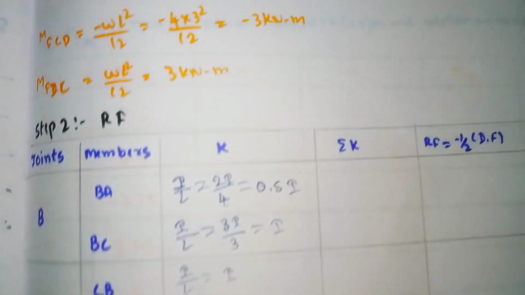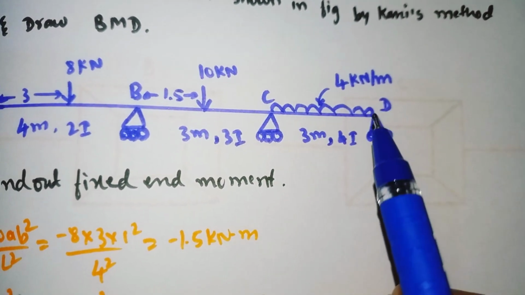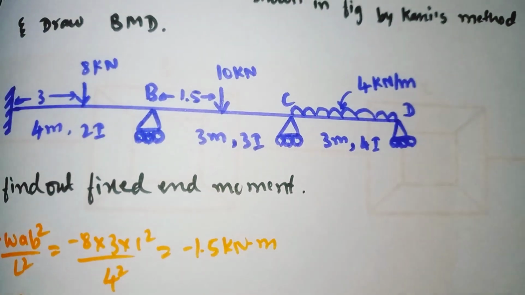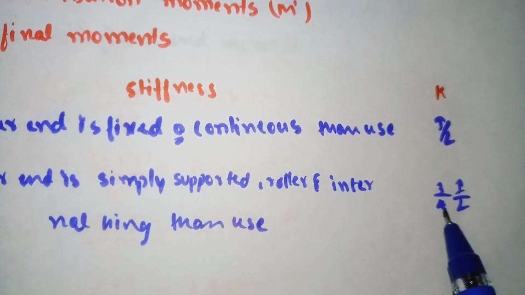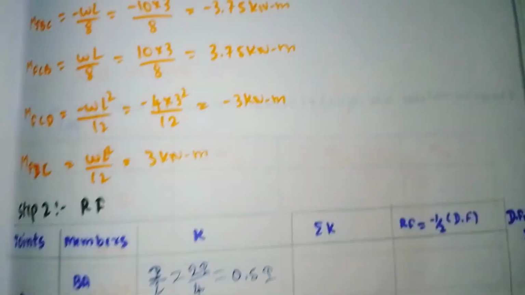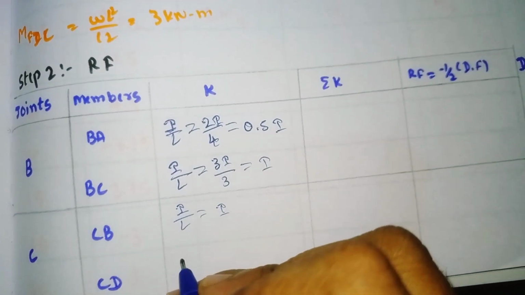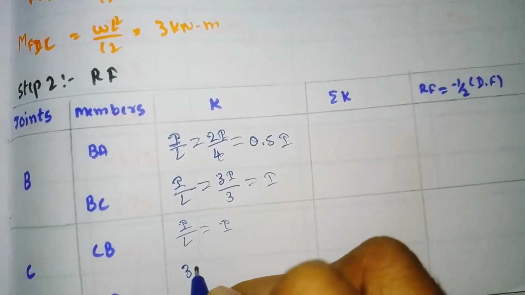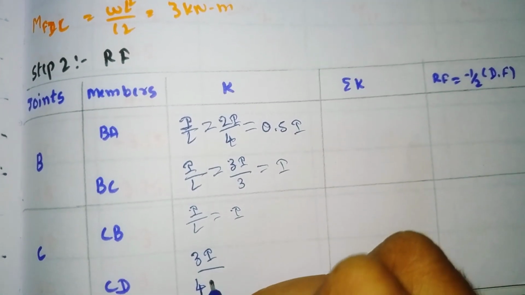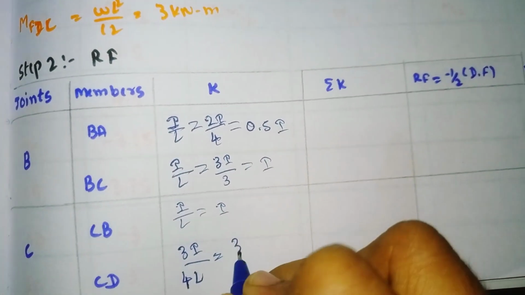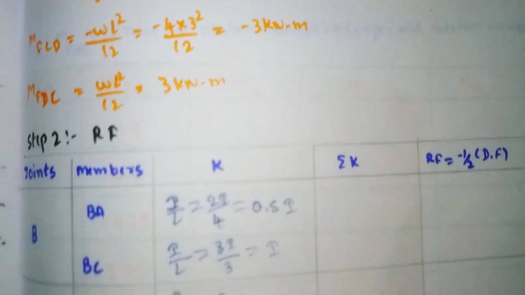And for CD, here the far end is simply supported, it has the roller. So when the far end is simply supported, we need to use the stiffness formula 3I divided by 4L. We need to use this formula to find out the stiffness. 3I divided by 4 into L. I for this member CD is 4I and length is 3 meter.